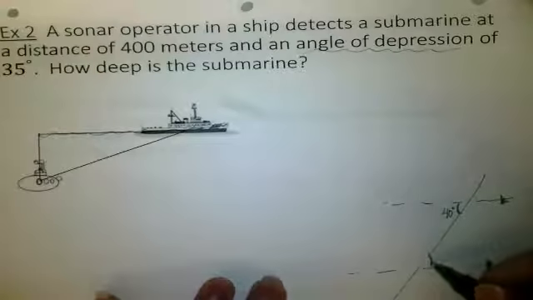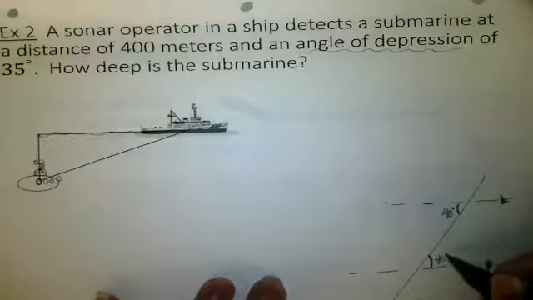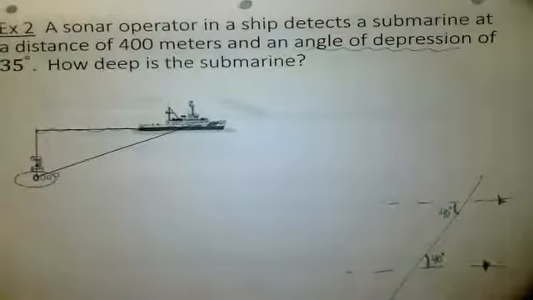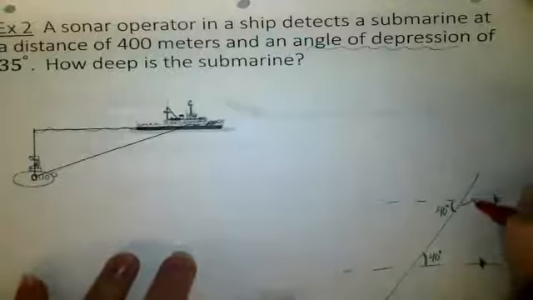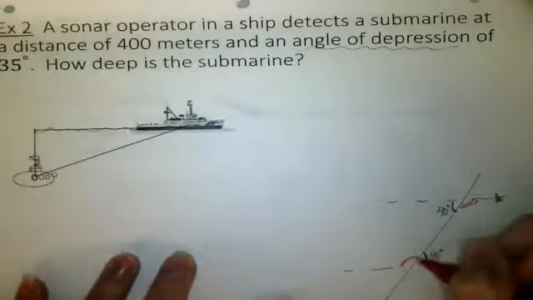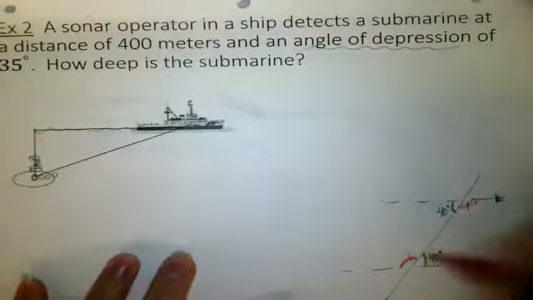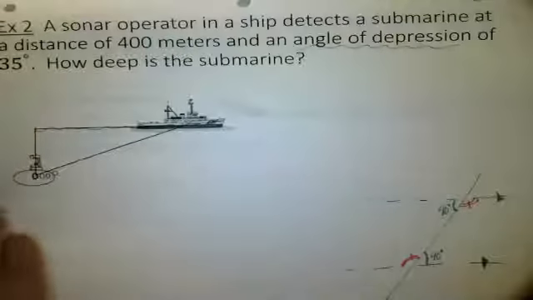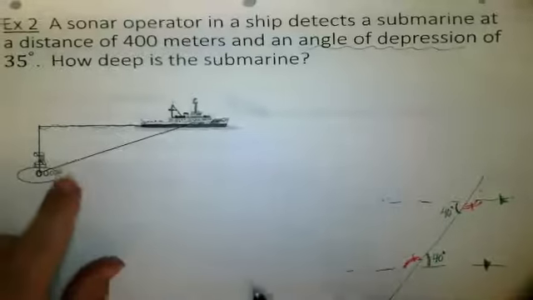Yeah, the alternate interior angles, also 40 degrees. So parallel lines is very, very important and comes up all over the place. So these angles would be the same. Alternate exterior angles are congruent. So be careful.